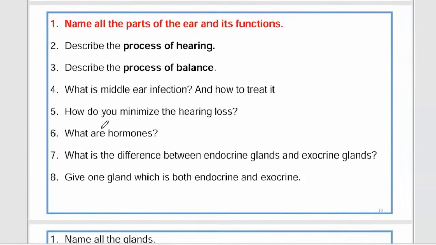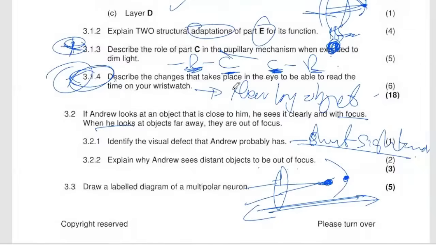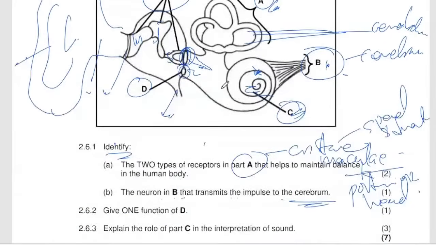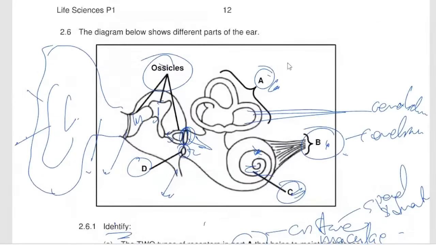Then lastly, on this question, describe the process of hearing. When we talk about hearing, you explain part by part. You start from the ear: the pinna collects sound waves and directs them to the auditory canal, which sends the wave to the tympanic membrane. The tympanic membrane vibrates and causes the ossicles to vibrate too. The ossicles will amplify the vibration.